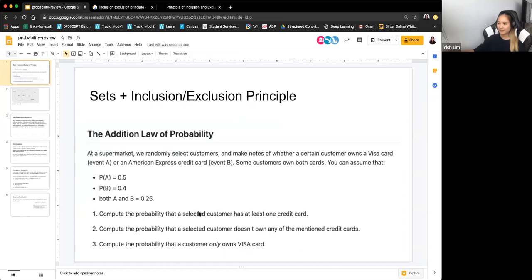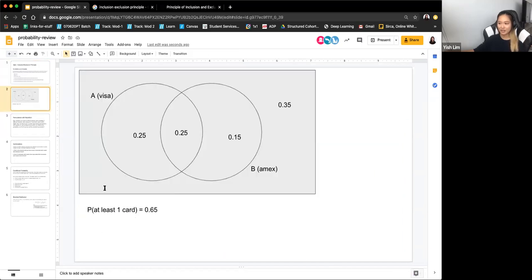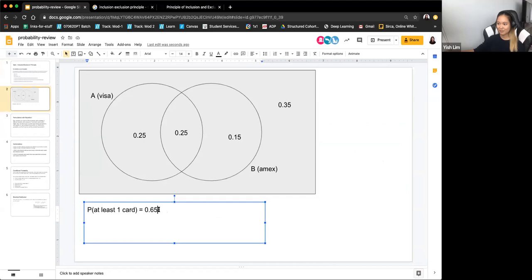So here, imagine that we didn't do that at first. The probability that a selected customer has at least one credit card is the same as finding the probability of A union B. I don't have that union symbol, but A union B. And the principle states that that union is equal to the probability of A plus the probability of B minus the probability of A intersect B. So we have all those numbers actually.